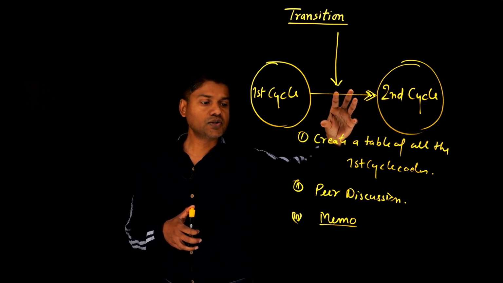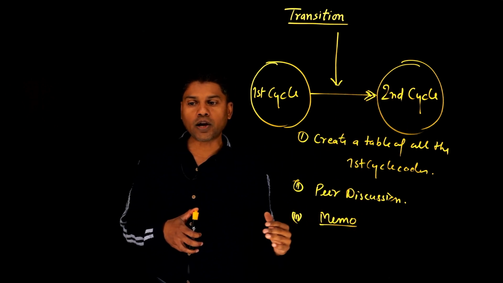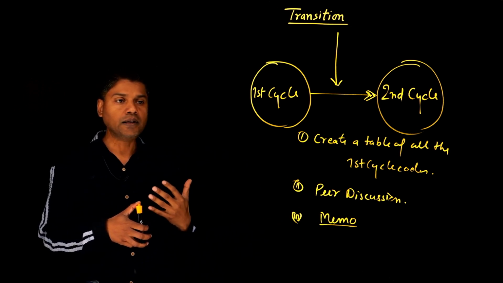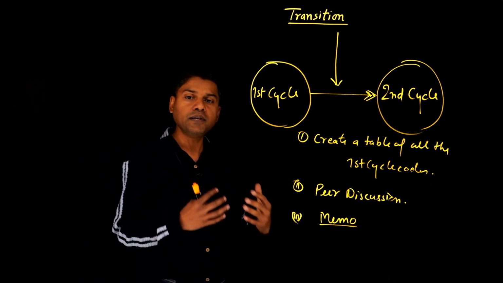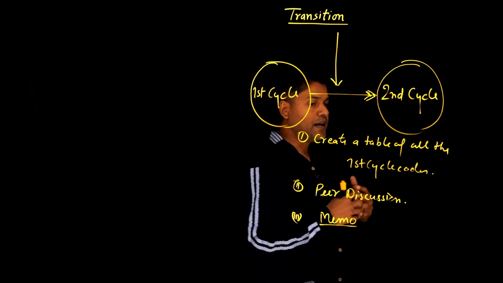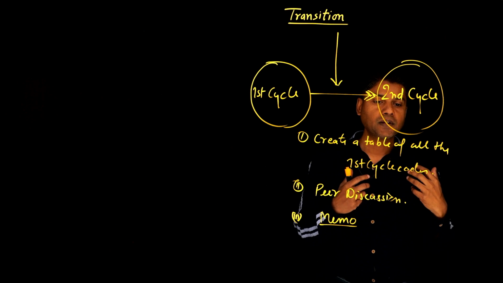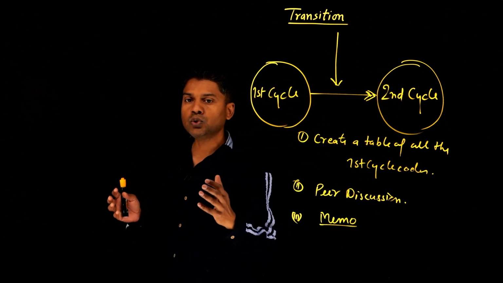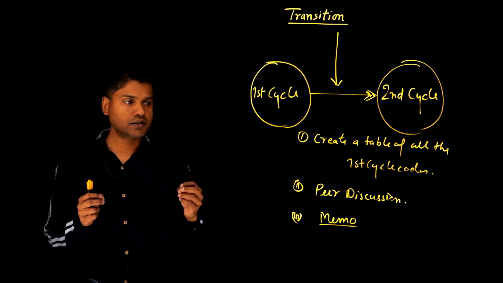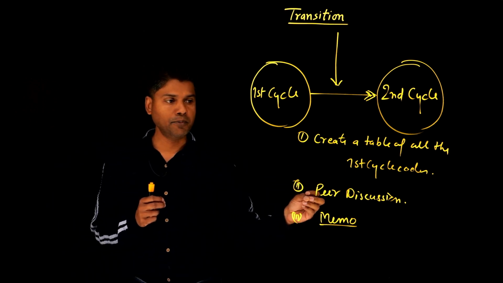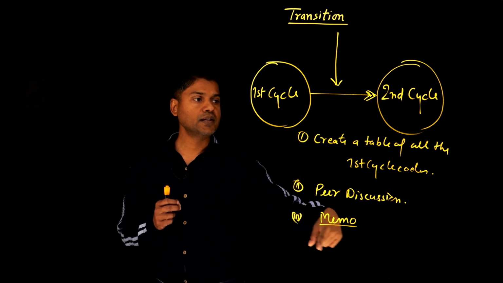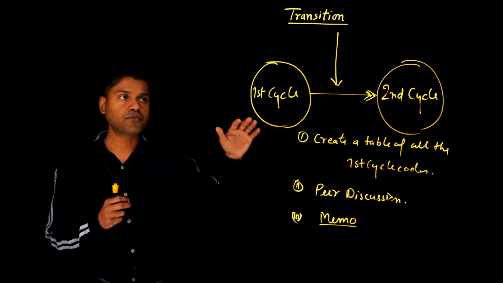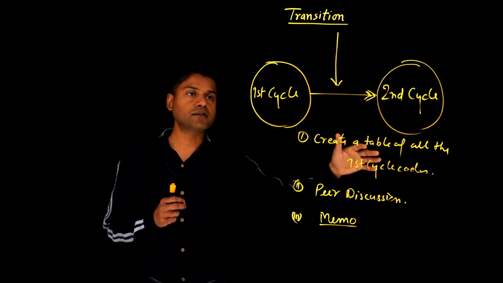So during transition, it's very important for a researcher to write a memo about their thoughts, their feelings, their overall experience about the codes, the patterns they are noticing in the data, and summarizing those insights about the data in your memo. So these are the three things which are very, very important when it comes to transitioning from first cycle coding to the second cycle coding.